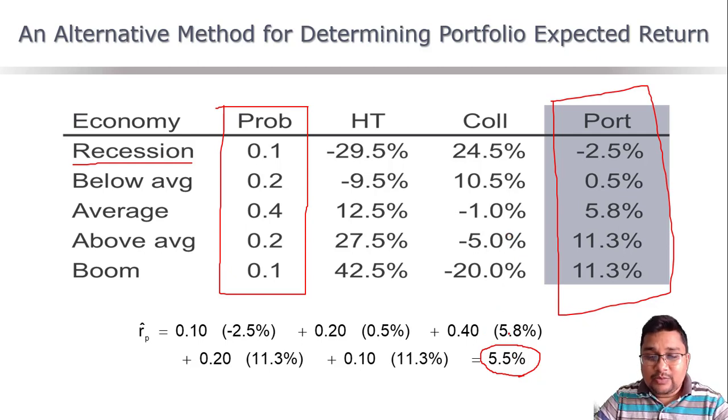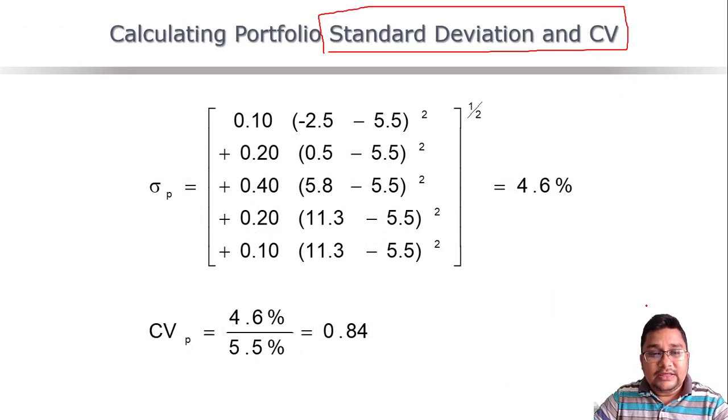Our expected return is 5.5%, and we have the different possible returns in different economic states. So we calculate the probability of the first state times the return if the first state occurs minus the expected return, squared. You have to square that.